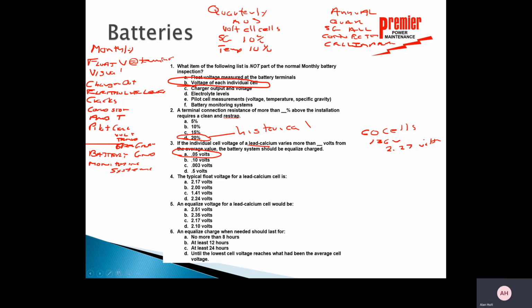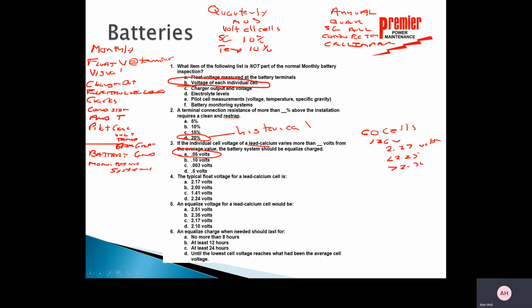So if any one of those cells is less than 2.25 or greater than 2.32, then that battery needs to be equalized. Now, looking at the cell here, we'll talk about that in a little bit, but normally we're talking about lead calcium batteries. So let's go on down here. Number 4.